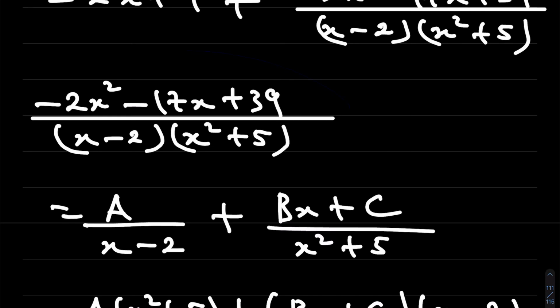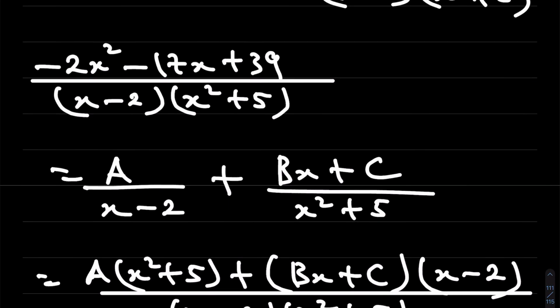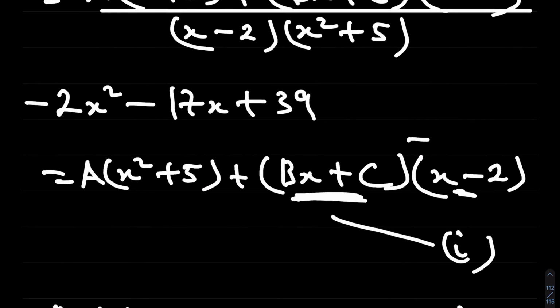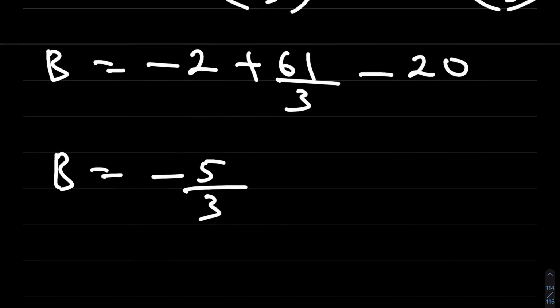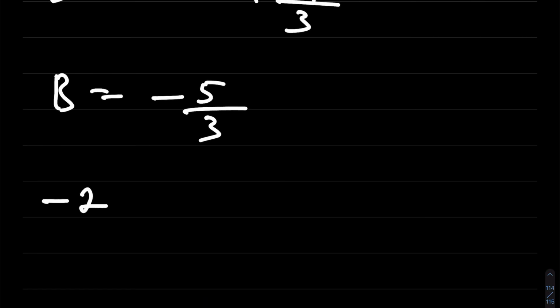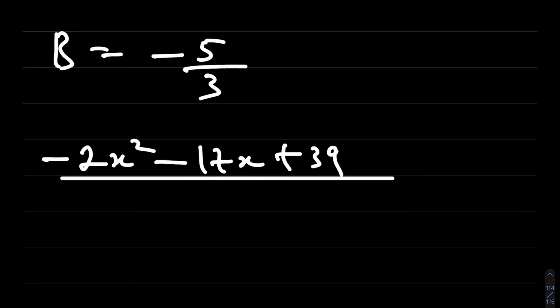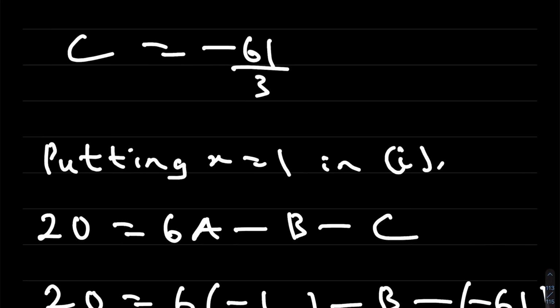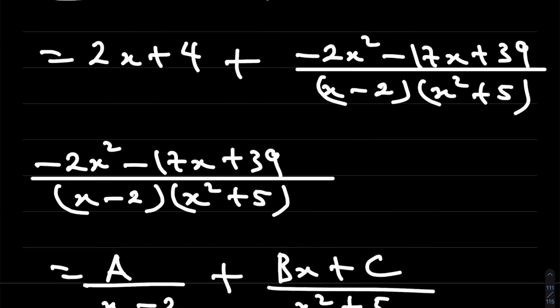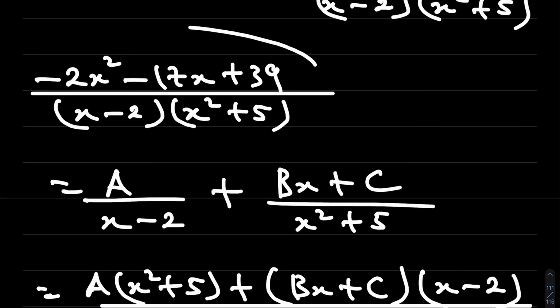Let me just write it, minus 2x squared minus 17x plus 39 all over x minus 2 times, let me check that quickly, x minus 2 times x squared plus 5. This is it. That's the fraction.